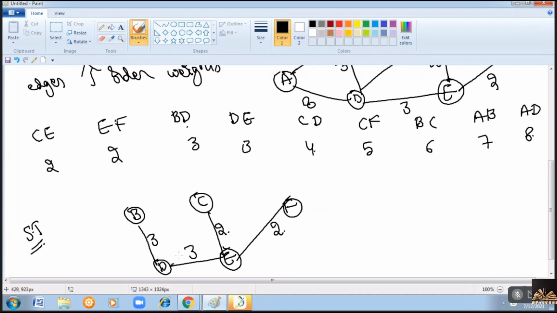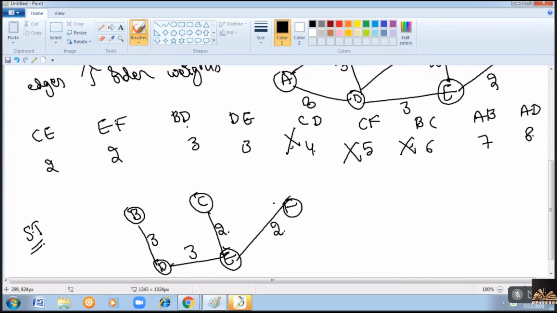A cycle is formed, right? Therefore, I'll not add this C to D. Next C to F. If I add C to F also, there is a cycle. So don't add this. B to C. If I add B to C also, a cycle will form.